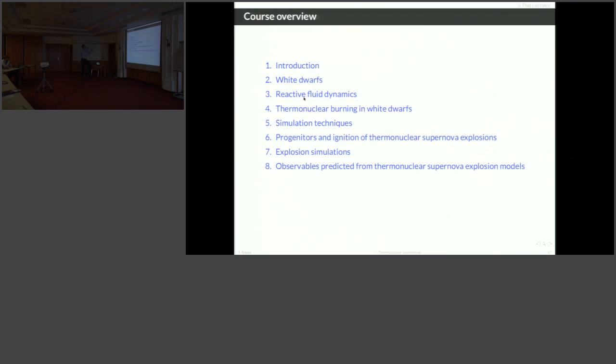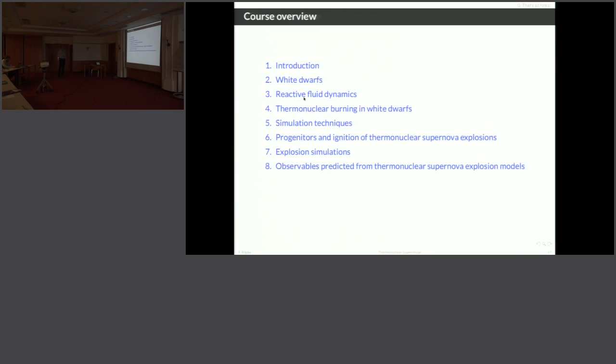Okay, so this is the last thing I wanted to show. In this course, we covered quite a bit of material, starting out from some general ideas of white dwarfs and reactive fluid dynamics that can give rise to explosions, thermodynamic explosions due to thermonuclear burning processes in these white dwarfs. So this is what we then also discussed.